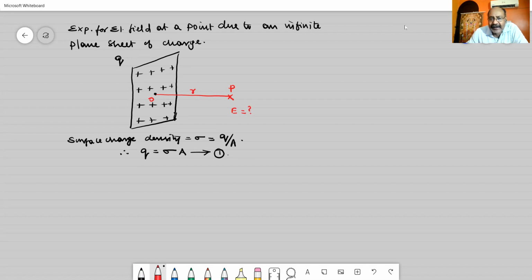In order to calculate the electric field at this point P using the Gauss law, I have to construct a symmetrical Gaussian surface. So how to construct a symmetrical Gaussian surface? I am considering another point P dash at the same distance R from O on the other side.